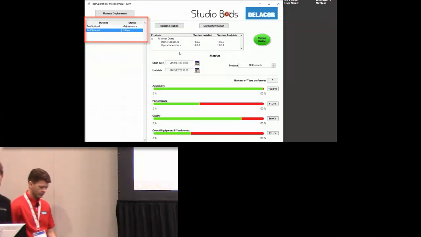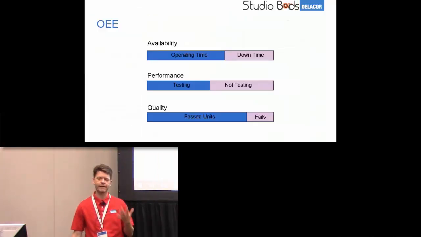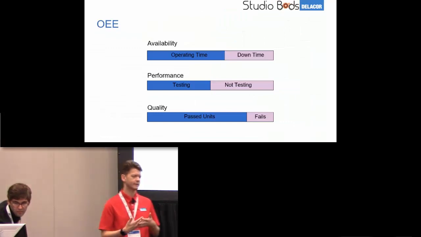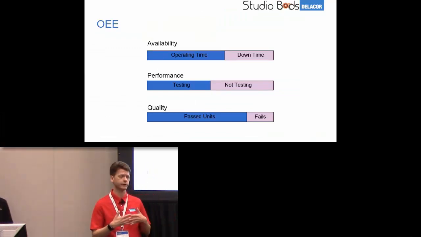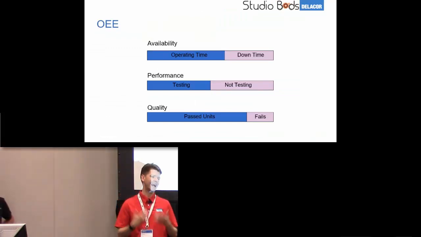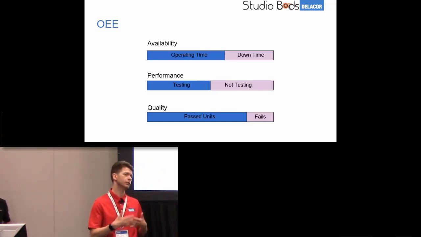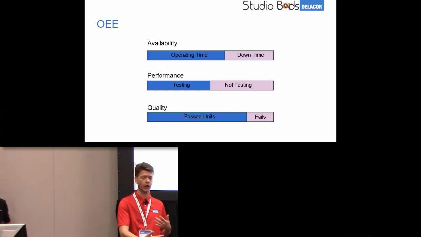So, to recap, we've got our availability. So from the planned time that we were going to use the test station, how long were we actually available to use the test station? And when we were using it, or when the test station was online, what percentage of time was it actually performing test operations? What time was it actually adding value to our organization?